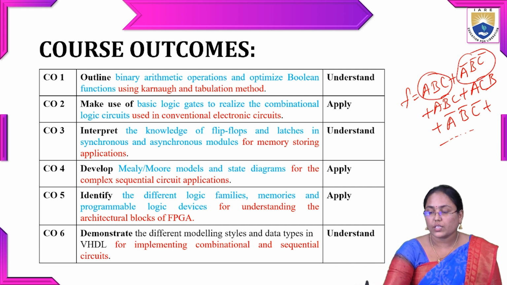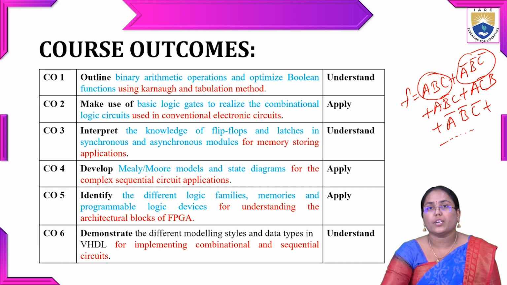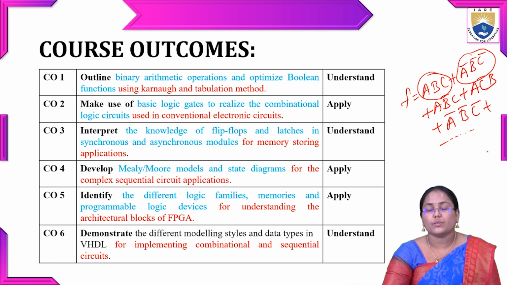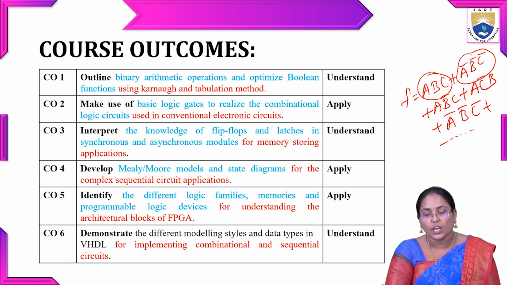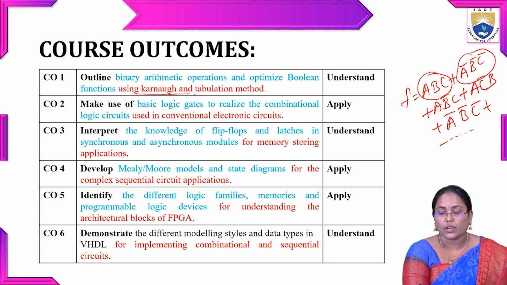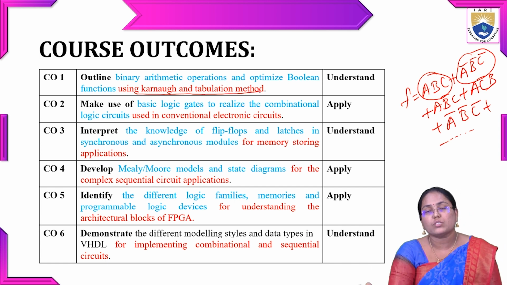Okay, so now this entire thing can be minimized, in terms of like 2 or 3 terms will be coming, or 4 or 5 terms will be there, and these many terms will not be there. Basically for simplification purpose, whatever the binary arithmetic operations are there, we will be using different Boolean functions, and the student will learn about the Karnaugh and tabulation methods in order to simplify these particular equations.